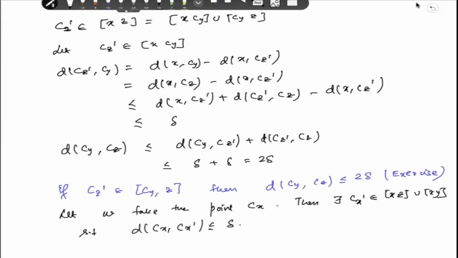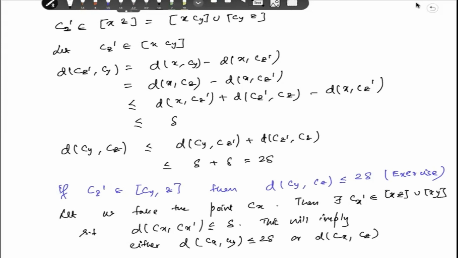So depending upon Cx', this will imply that either the distance between Cx and Cy is less than or equal to twice delta, or the distance between Cx and Cz is less than or equal to twice delta.